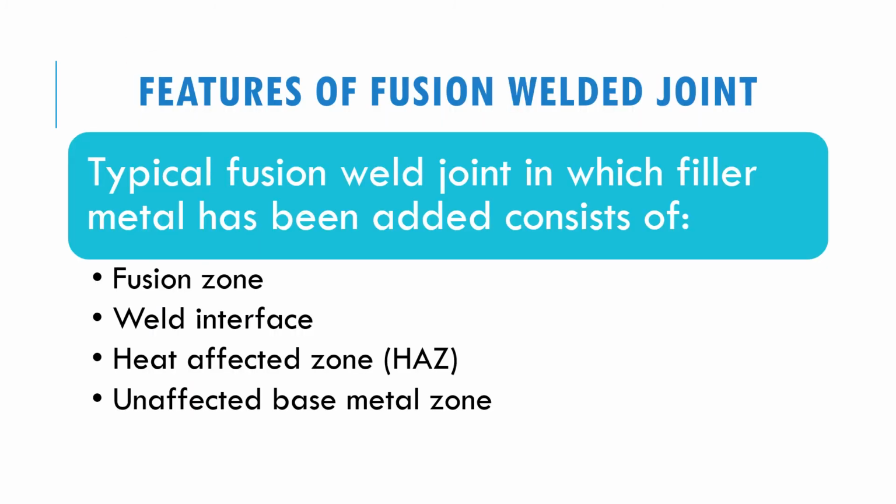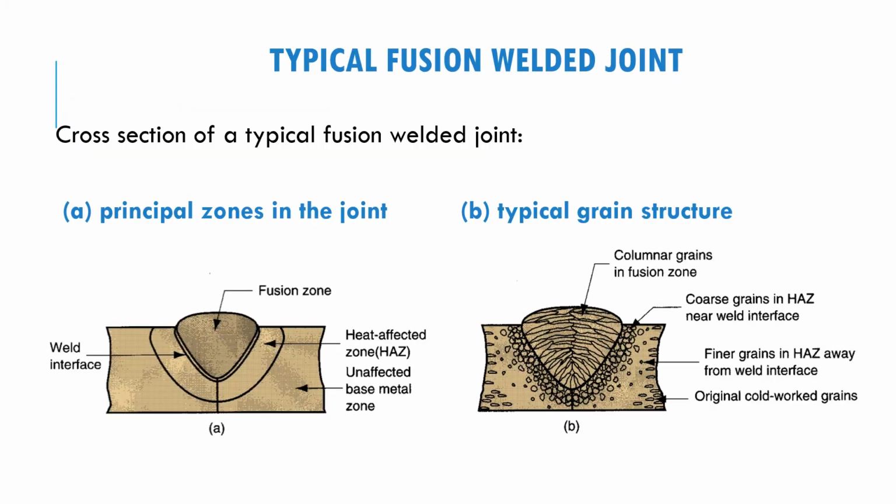Some features of the fusion welded joint: it typically contains a fusion zone, weld interface, heat affected zone, and unaffected base metal zone. A typical fusion welded joint can be presented in pictures A and B, the cross section of a typical fusion welded joint. A is the principal zone in the joint. If you perform the welding, you will see this is the fusion area where the welding takes place.